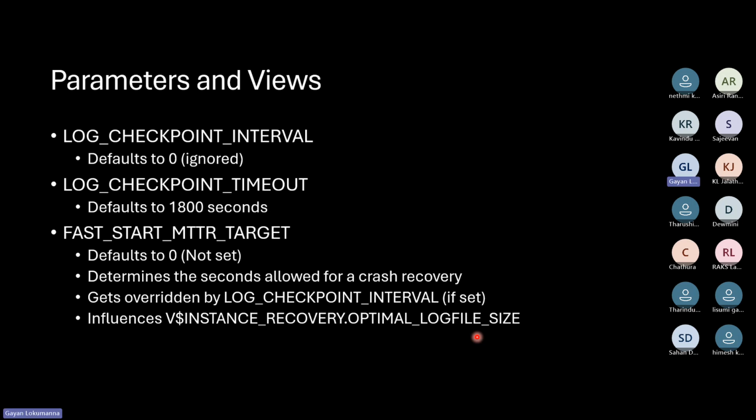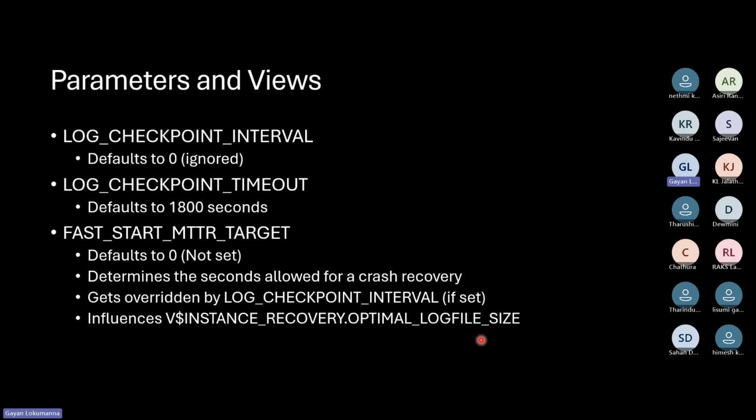So what is the relationship between setting this value to 100 and changing the log file size? Again, if you can remember, the log switch is going to cause a checkpoint. So if your mean time to recover value is high, that means I can delay my log switch activity.